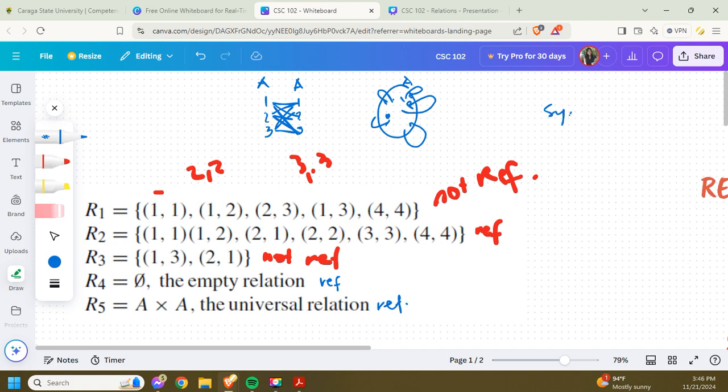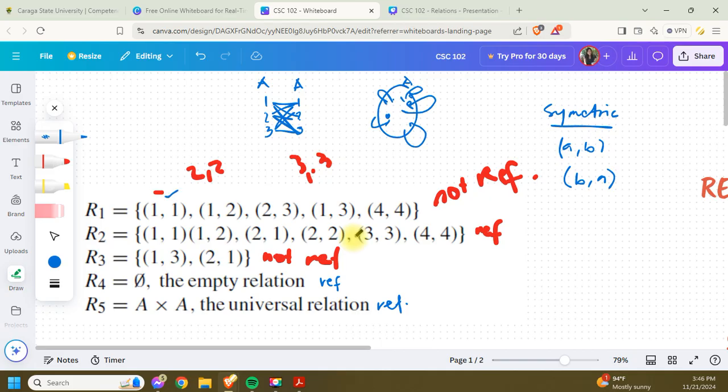Okay? So what is a symmetric relation? Symmetric relations are those where if AB exists in your relation, there should also be BA. So in that case, going back to R1, there exists a 1,1. So of course, 1,1. Okay?